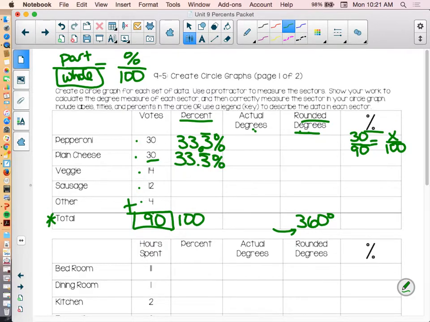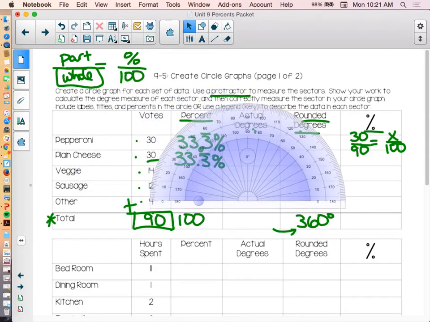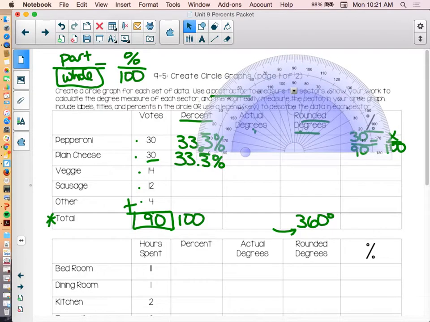Okay, remember what I said about actual degrees and rounded degrees? The degrees is where you're thinking of a protractor. You know that a protractor looks like this, or you should remember. If you've never used one of these, then you'll get a great experience. This protractor has 180 degrees because notice it's only half a circle.